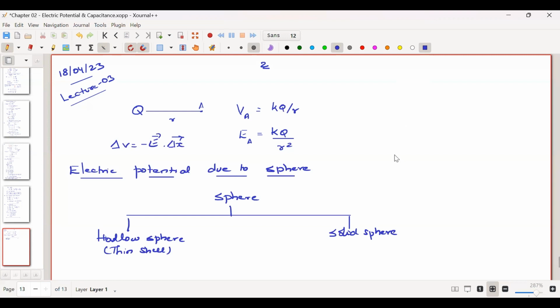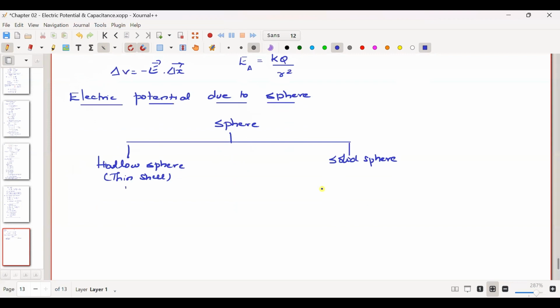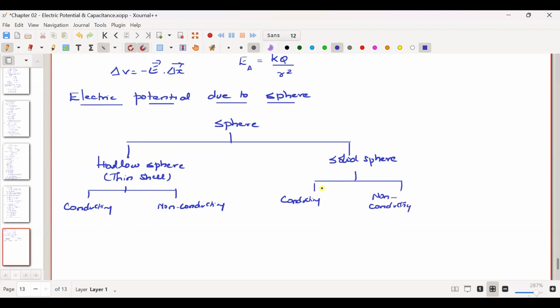This hollow sphere, I can have conducting, non-conducting. Similarly, solid sphere, I can have it as conducting and non-conducting.